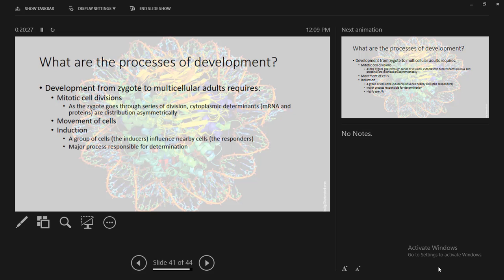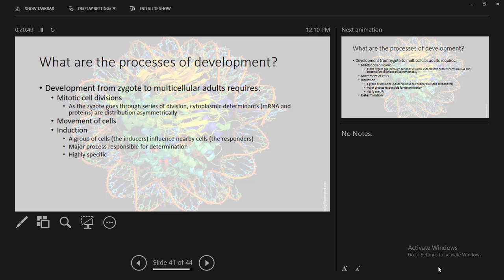That at an early stage in development, a cell is removed from the embryo, and its environment now is not telling that cell to become something, and so it starts the process over and forms a new individual. But this process is highly specific. The surrounding environment does a really good job of controlling the development of cells.